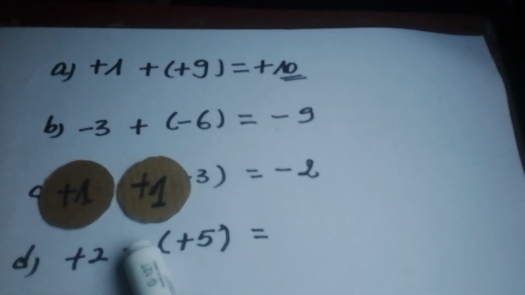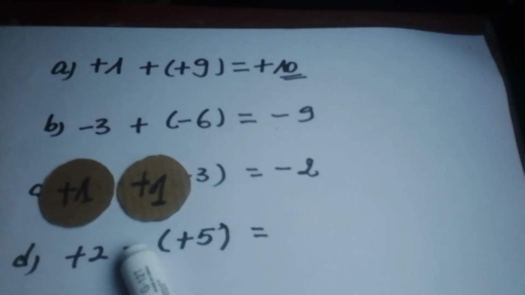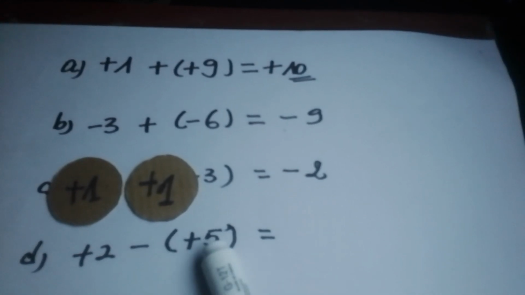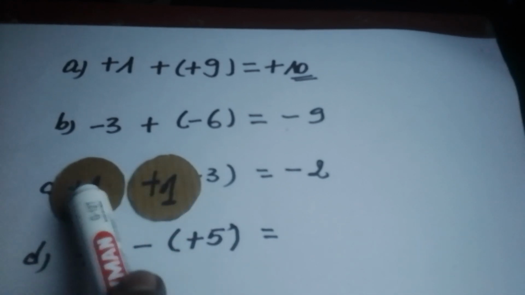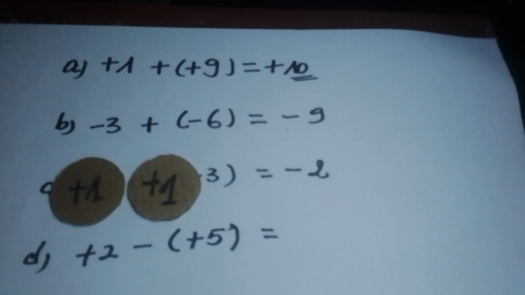Now, this minus means remove. I have to remove 5 counters with positive value from only these 2 counters.